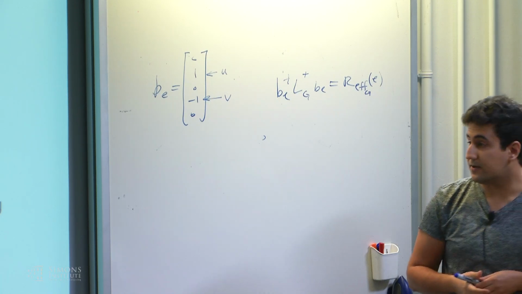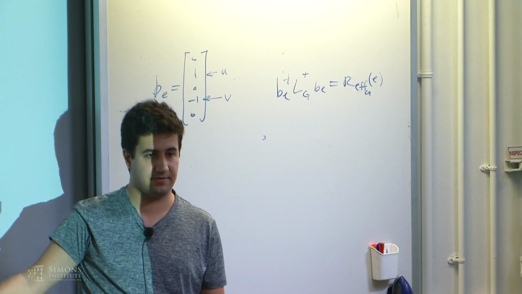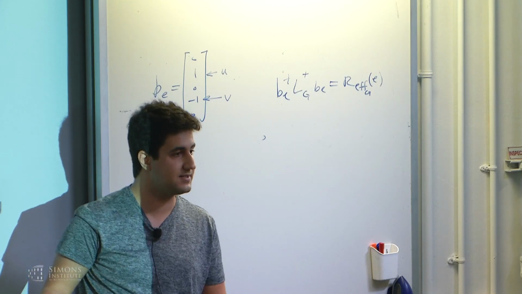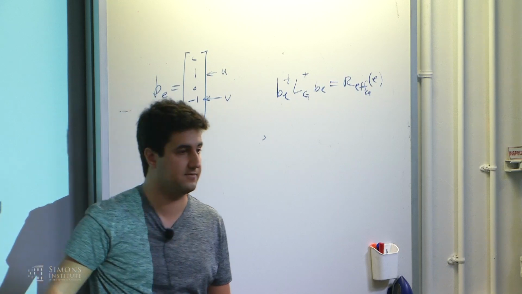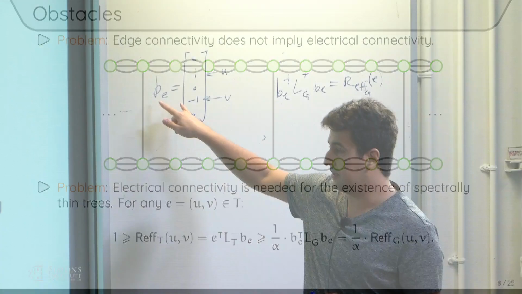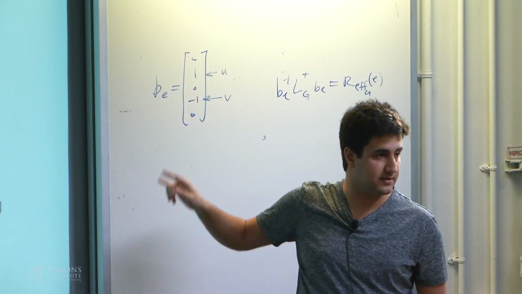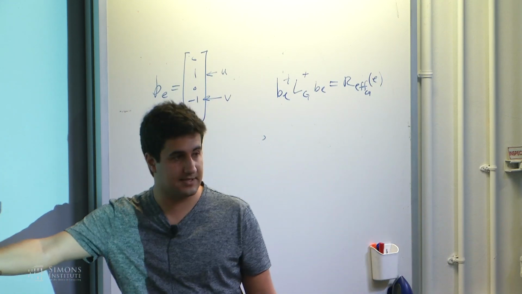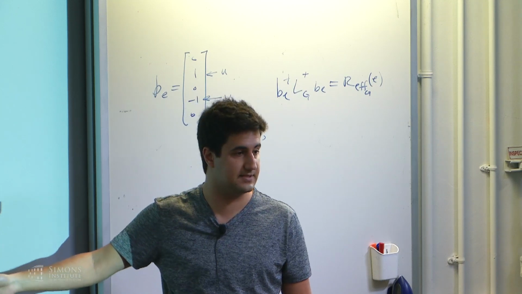So if the Laplacians of the tree and the graph are comparable, if the Laplacian of the tree is bounded by alpha times the Laplacian of the graph, when you take the inverses, the Laplacian of the tree becomes 1 over alpha bigger than the Laplacian of the graph, right? So when you evaluate the quadratic forms at this particular point, you get an inequality which tells you that the effective resistance on the tree must be at least 1 over alpha times the effective resistance on the graph.